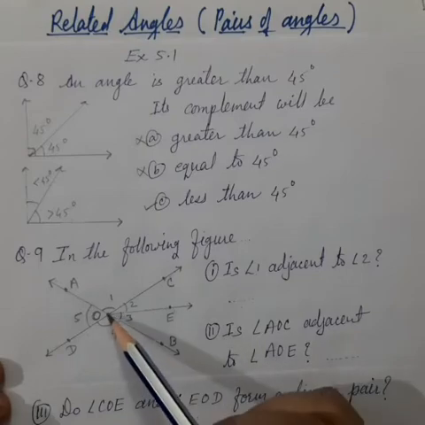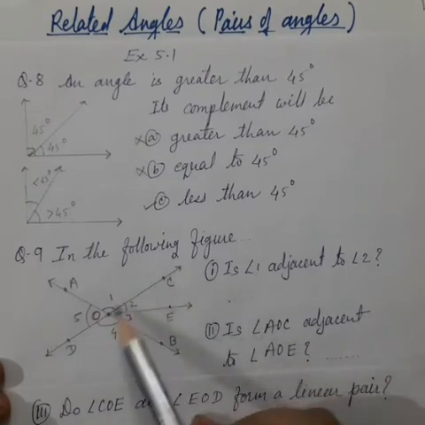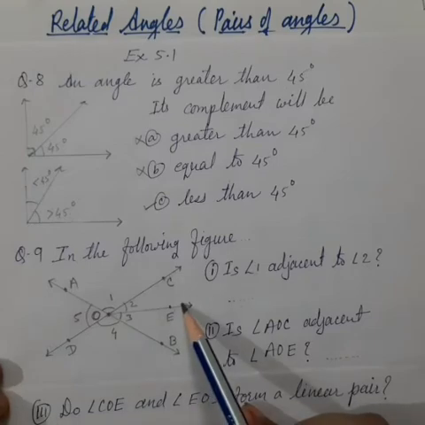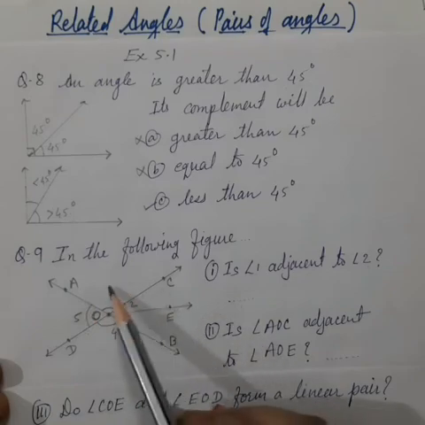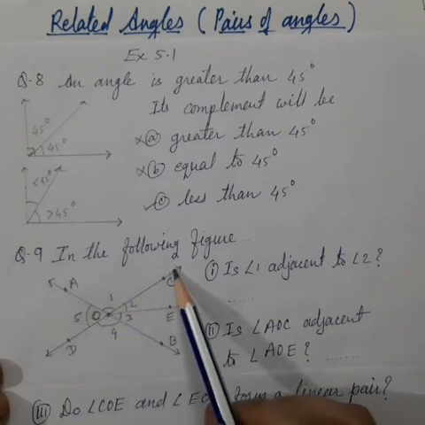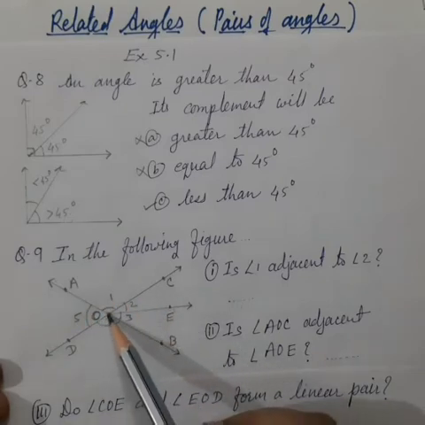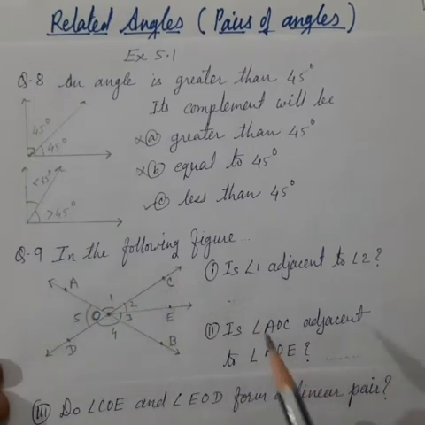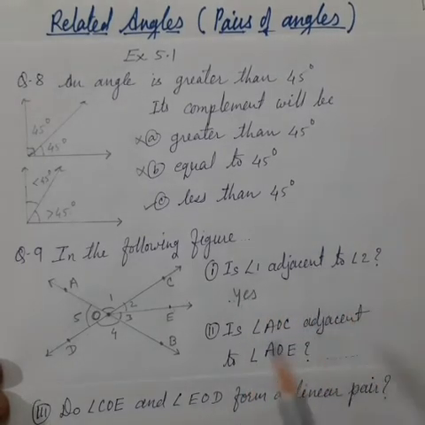The other, we want one arm common. So OC is common in both these angles. And third, we want non-common arms on opposite sides of the common arm. So OE and OA are on opposite sides of OC, the common arm. So yes, these two angles are adjacent angles.